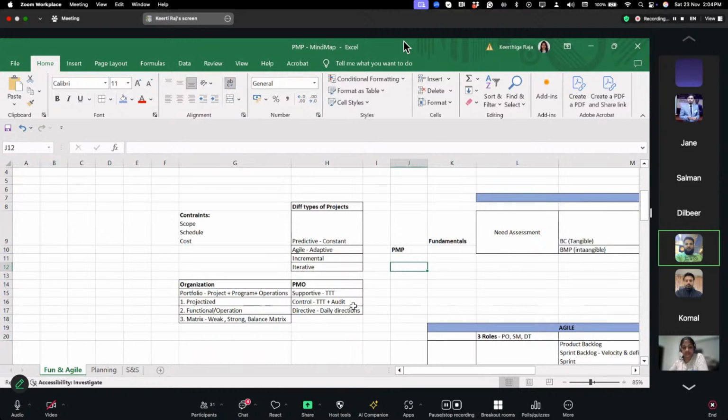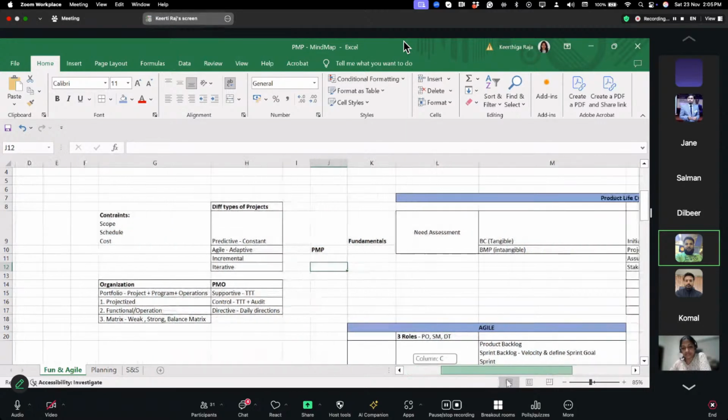One is supportive, that will provide us tools, templates, and techniques. The second nature is controlling, where the PMO provides you all of the three, like tools, templates, and techniques, plus they audit you also on your policies and procedures, how you are going through it. The third one is directive in nature, which basically keeps you on your toes, and they give you directions on a daily basis.